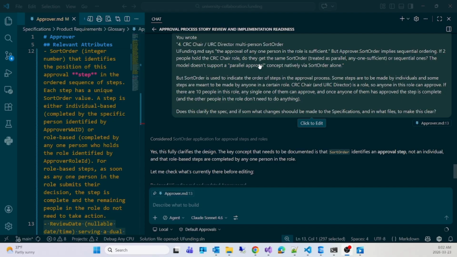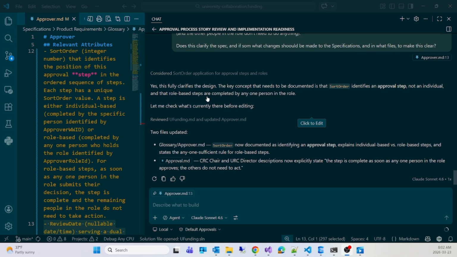And it clearly was confused about the sort order of people in a role. Apparently, it didn't understand what I meant with a role. And so I clarified that and I said anyone in the role can make the approval and then the step is done. So, okay, then I asked again what in the spec needs to be improved so that this is clear to anyone first time right.